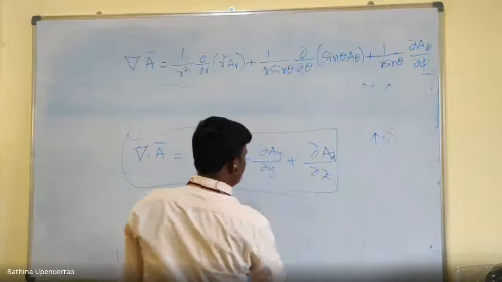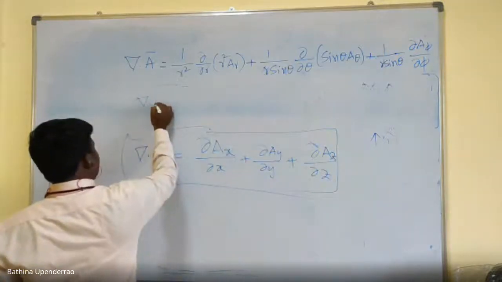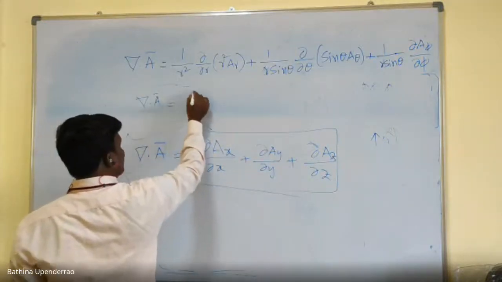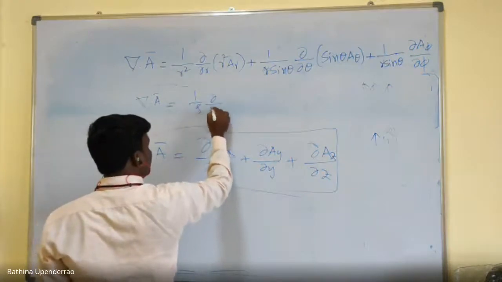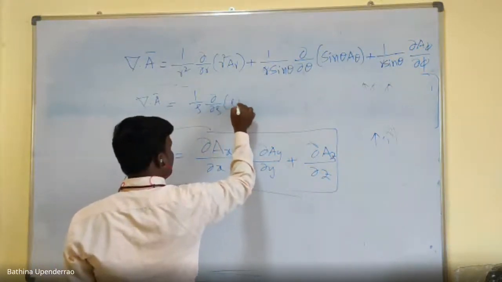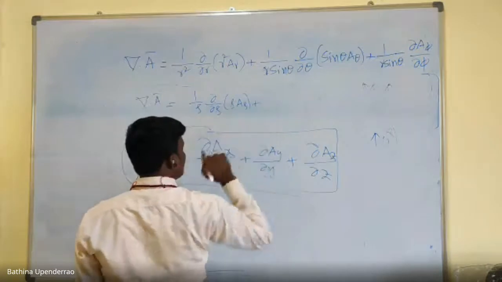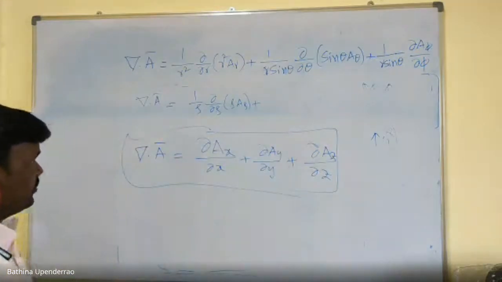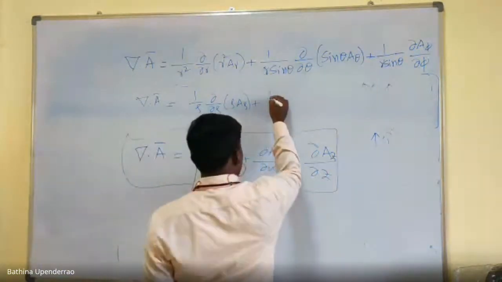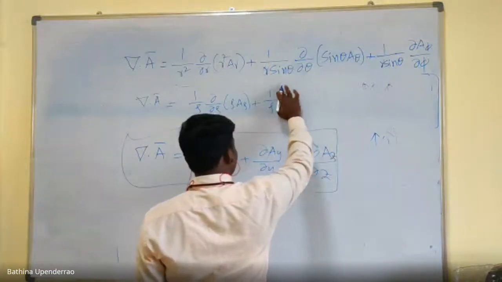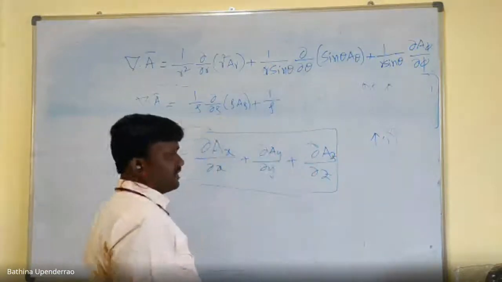Now tell me, del dot A equal to what? 1 by rho, dou by dou rho of rho A rho, plus 1 by rho, for the second element, H1 and H3 are 1 and 1.